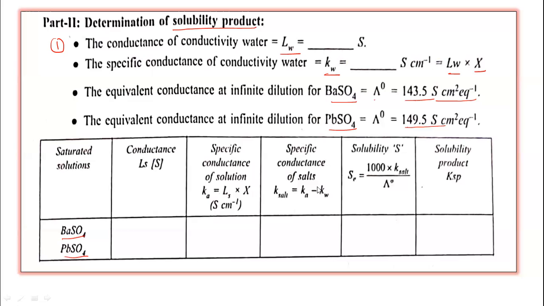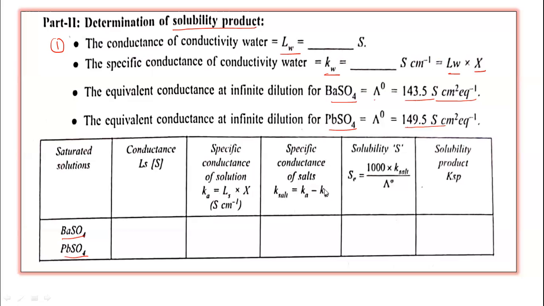Then the specific conductance of the salt, K of the salt, is equal to the specific conductance of the solution minus the specific conductance of the water. If the water shows some conductance, then we have to subtract that value.